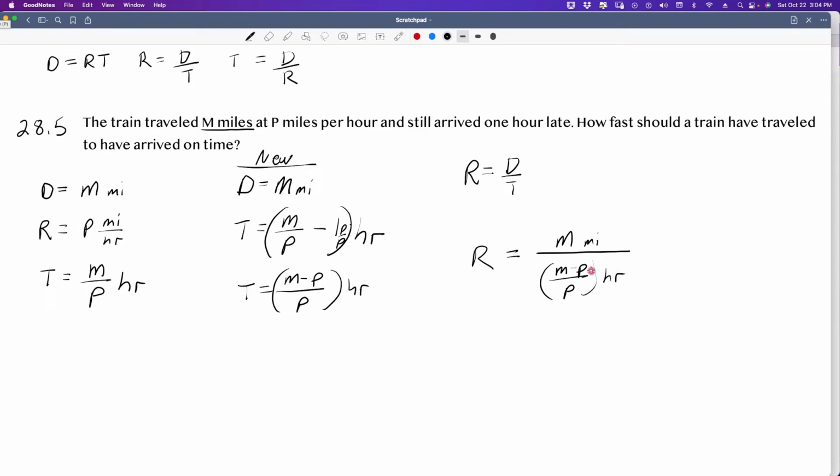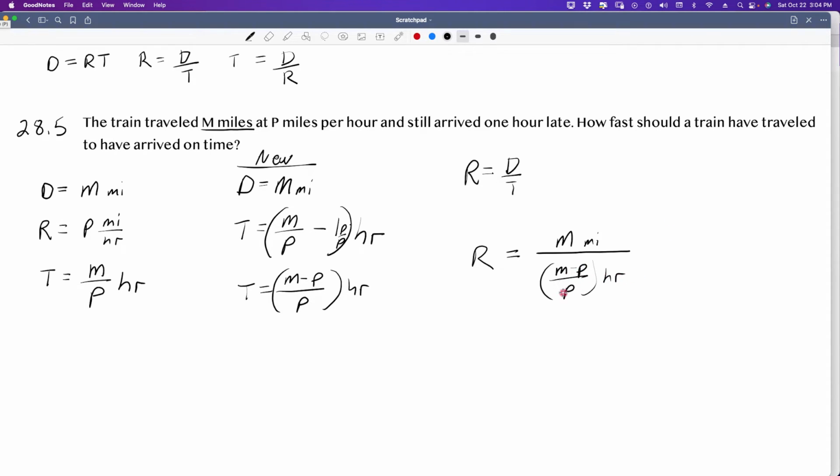All right. Now, in order to get this simplified, we are going to do the reciprocal, just like we always do. So we are going to flip this and multiply. We're going to do it to the top and the bottom.